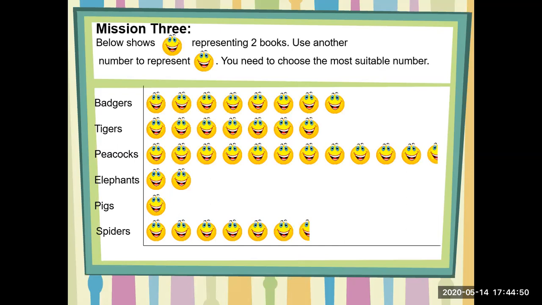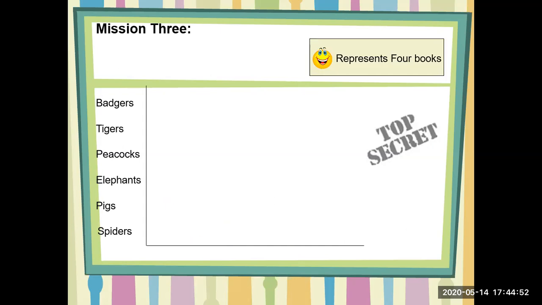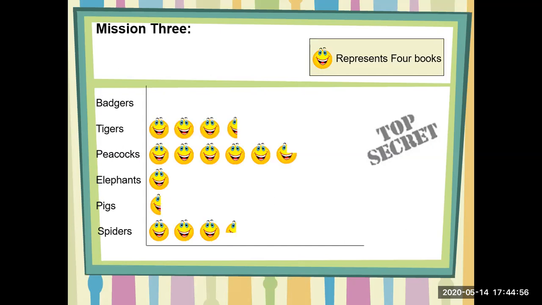The peacock is 23. Divided by 4, you have 20, which is 5. 1, 2, 3, 4, 5. And you have 3 left over. So 3 out of 4 is 3/4.